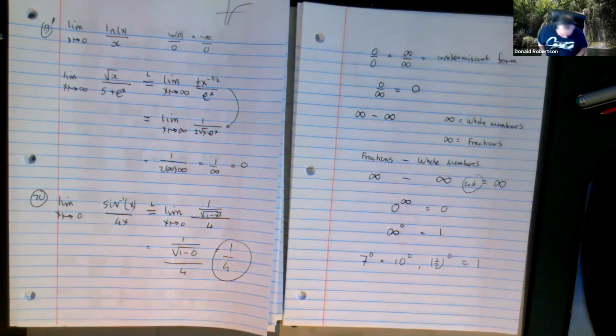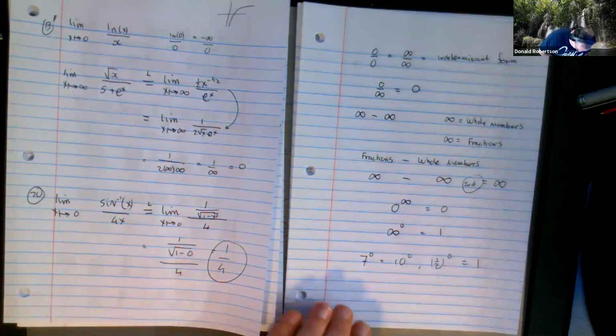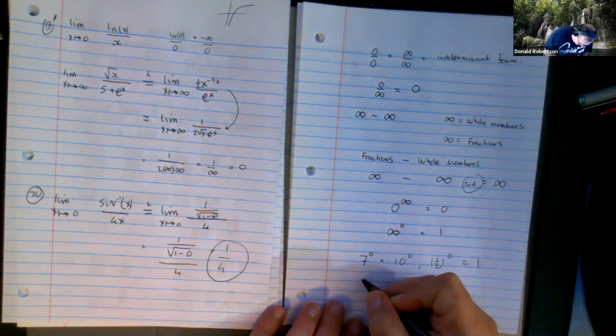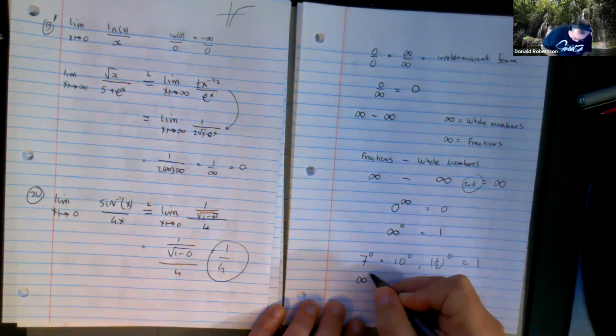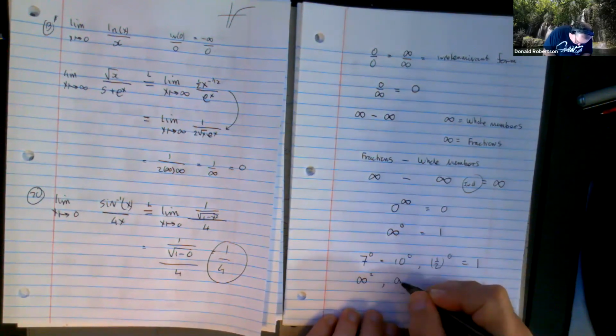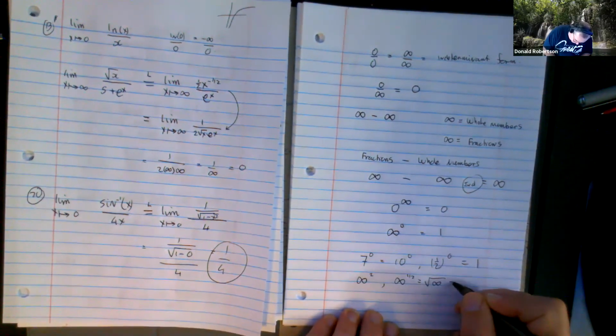Okay. Now, suppose I went and changed the rules a little bit. Suppose I went and said to you infinity to the power of 2. Wouldn't the answer be infinity? Suppose I said infinity to the power of half, which by the way is just the square root of infinity. Would you agree the answer is still infinite?